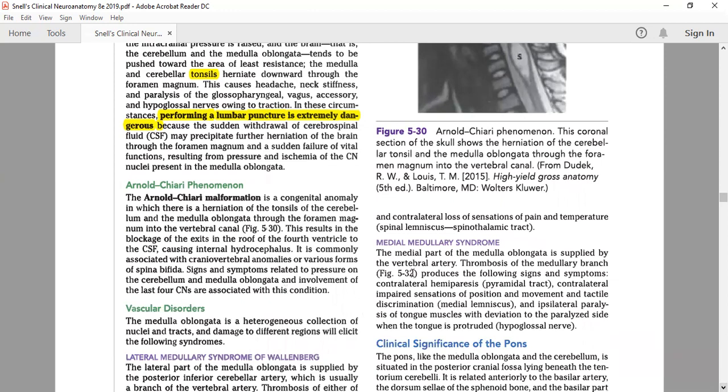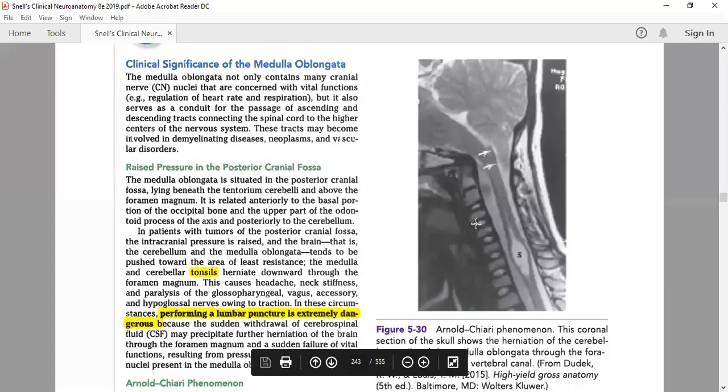Signs and symptoms related to pressure on the cerebellum and medulla oblongata and involvement of the last four cranial nerves are associated with this condition. You can see here the Arnold-Chiari phenomenon.